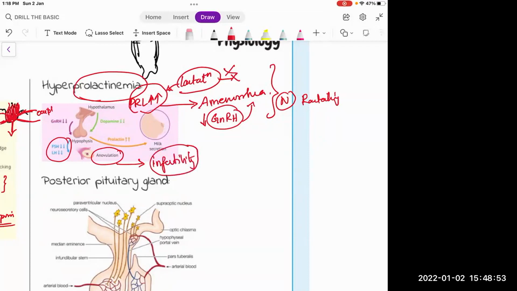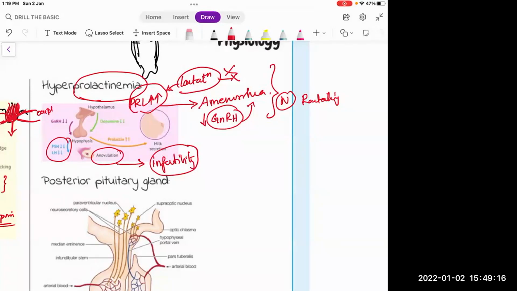So you have to look into that. If a person comes with amenorrhea without any history of lactation, then you have to check the prolactin levels. There will also be secretion of milk, that is galactorrhea, without any history of lactation. That is the most common thing you have to encounter.